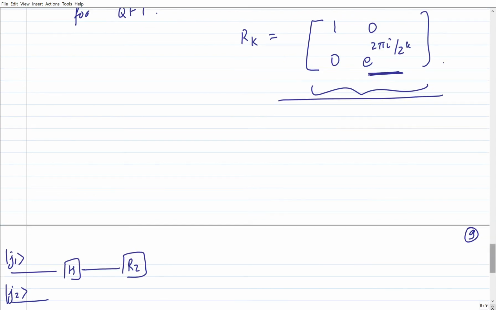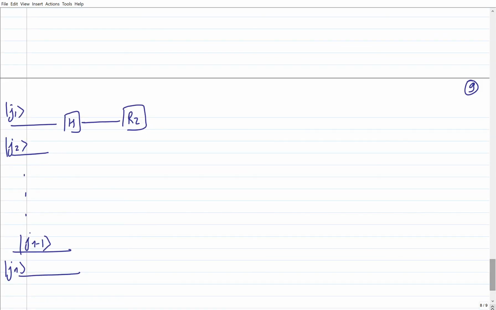So where k is 2, and that would be having a control over from here, so on and so forth.